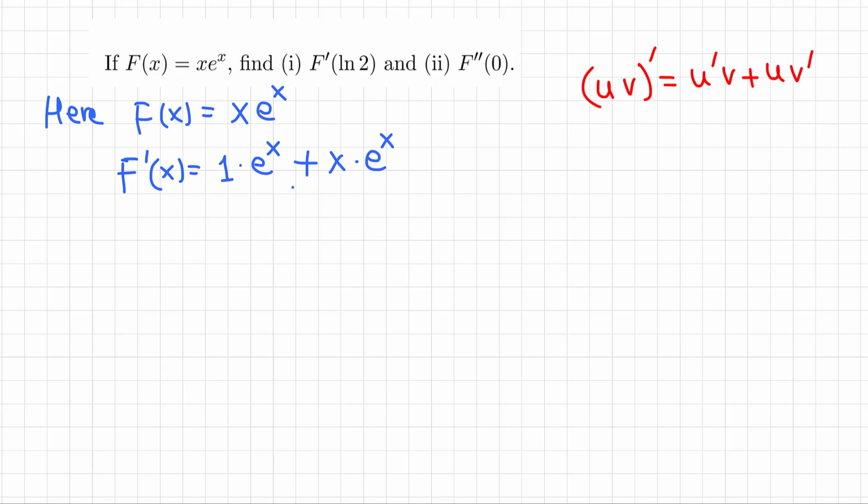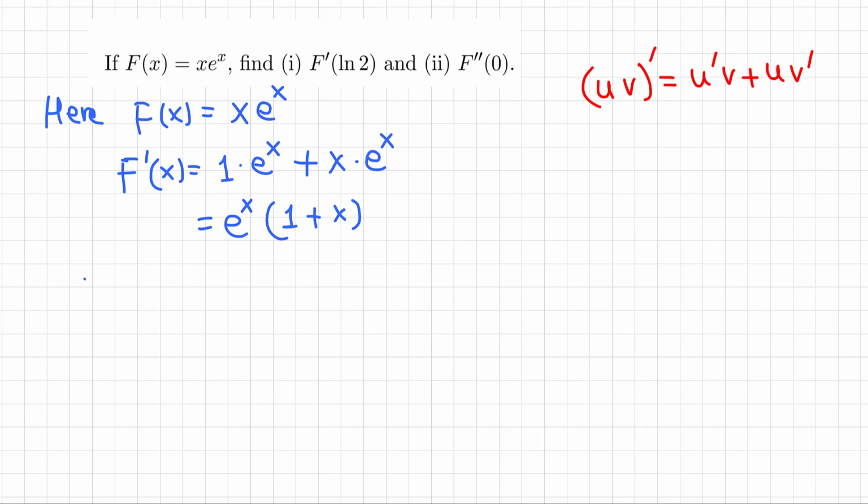We don't have to simplify, but it helps later because we are finding the second derivative in part 2. So from these two terms we can factor e^x out, and 1 is always a factor, so 1 plus x. So that's the first derivative.